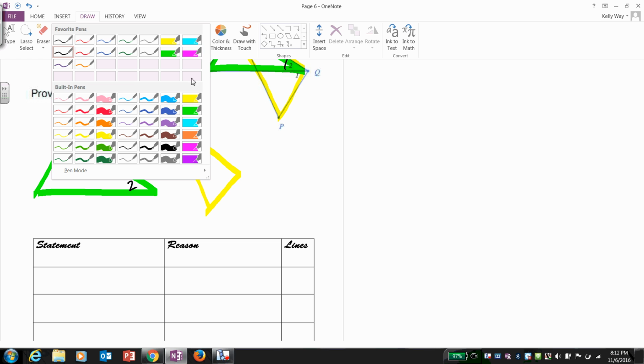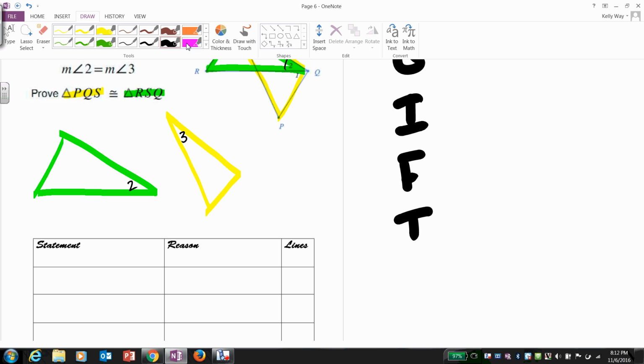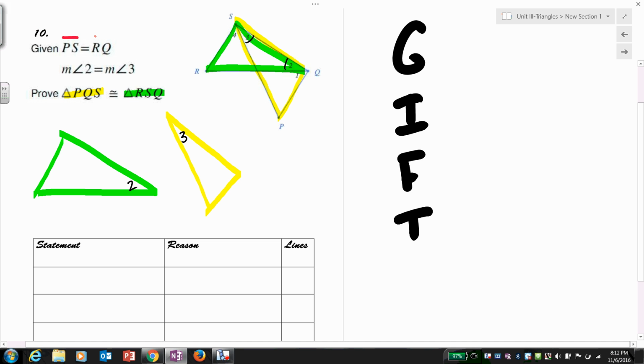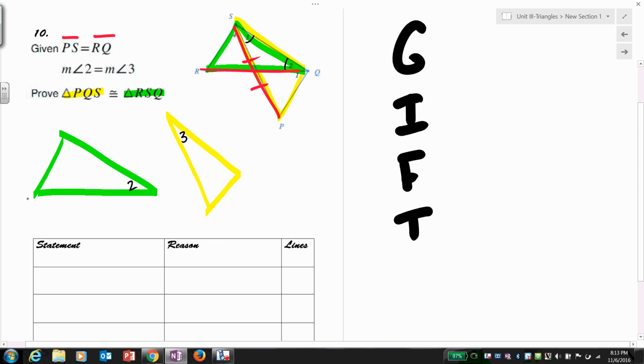We have given, implied, freebies, talk through. We are given the fact that PS and RQ are congruent. In the original, it's PS and RQ are congruent. Here, let's get our letters over. We forgot to bring those over, or I did, excuse me.